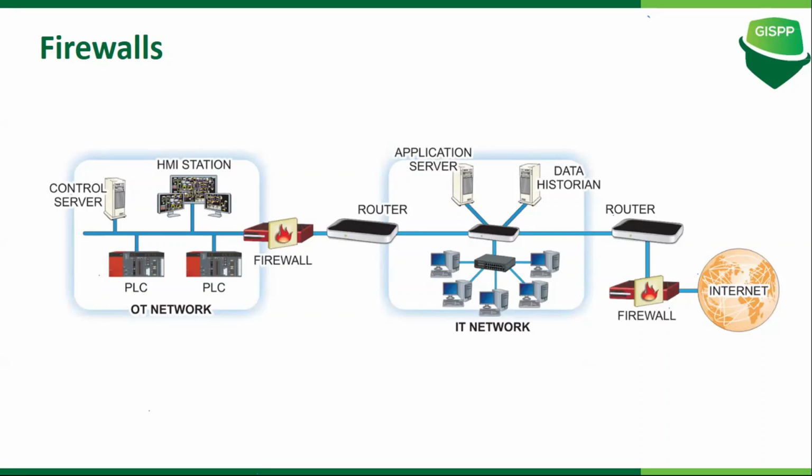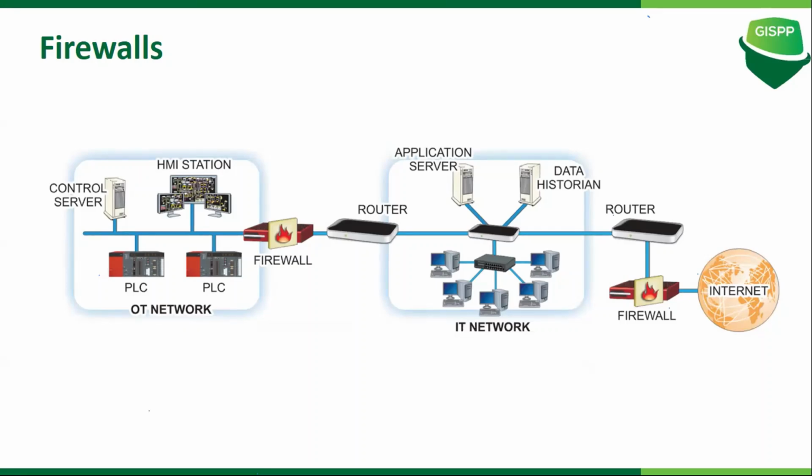In this picture, you see that the data historian is not in the OT environment, it is in the IT environment, which is an unusual implementation of an OT network. Usually, the data historian is part of the OT network, but here we have taken it out and kept it in the IT network.